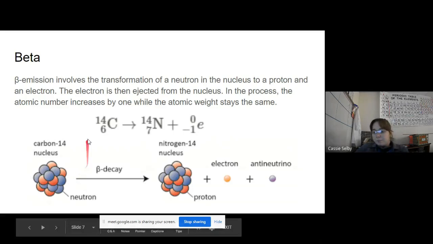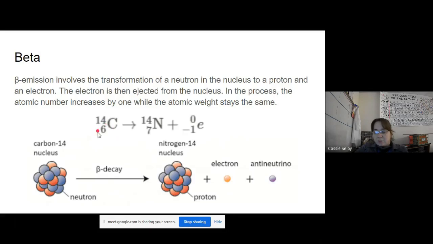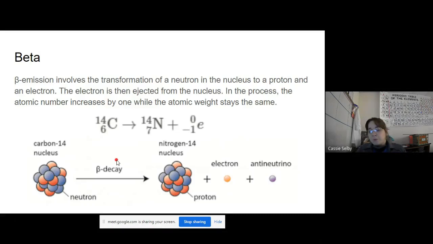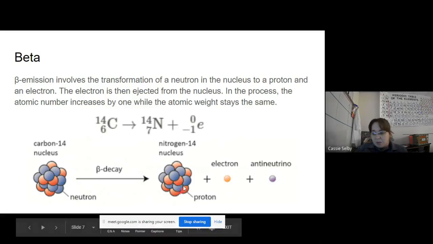So you can see we have the atomic weight here, and this is our proton number. Our atomic weight stays the same because the neutron comes out. It breaks apart into 2 pieces: the proton, which has the same amount of weight as a neutron, and then the electron, which has basically no weight, and it gets ejected.